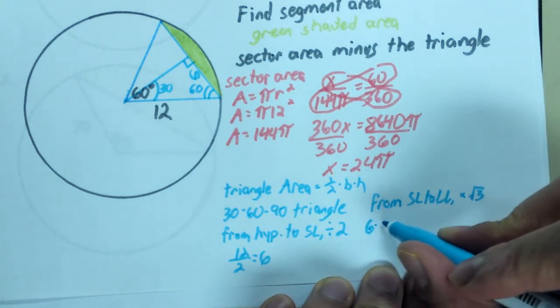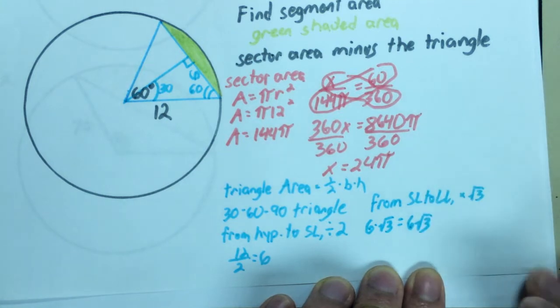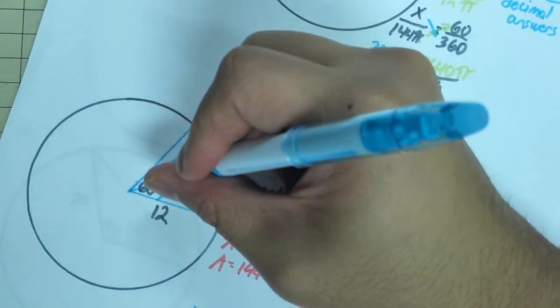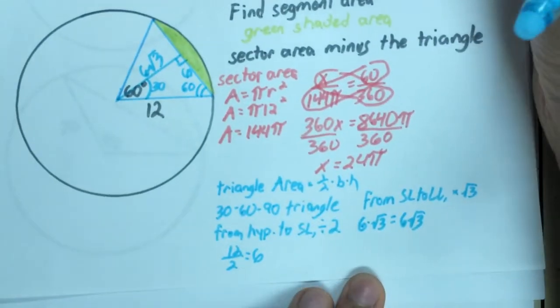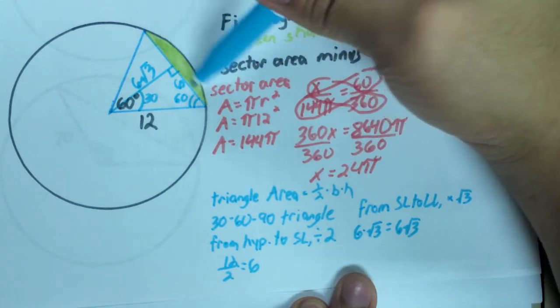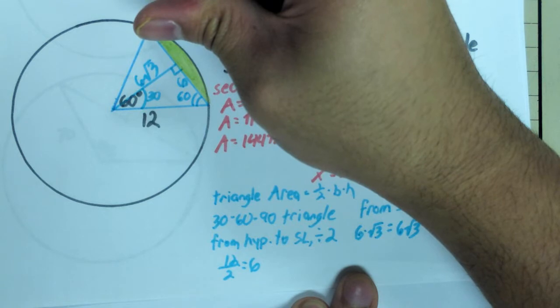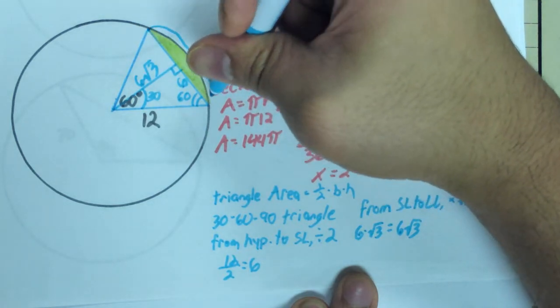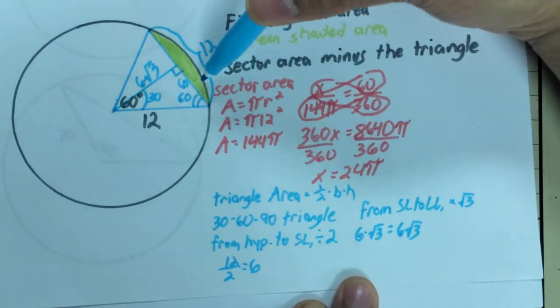So 6 times square root 3 equals 6 square root 3, which is my leg over here. This part is 6, which means my entire base is 12, 6 plus 6.